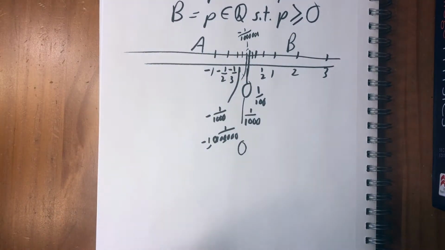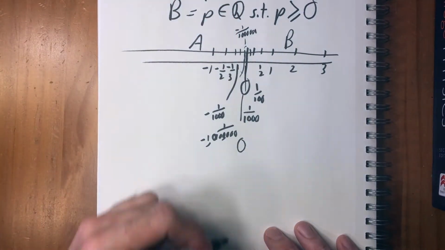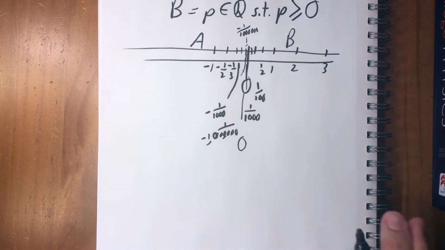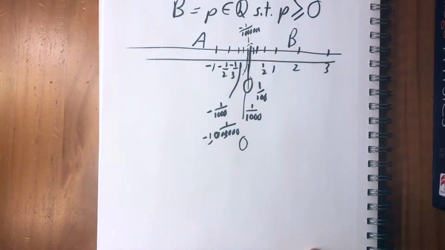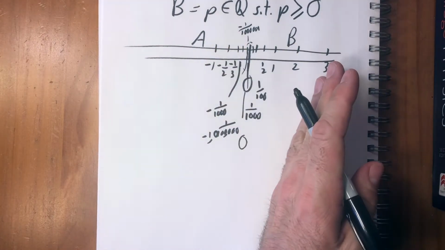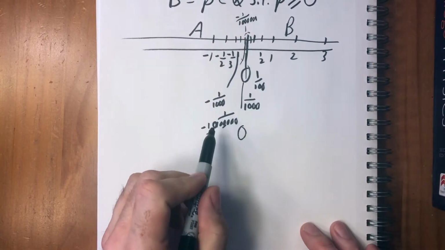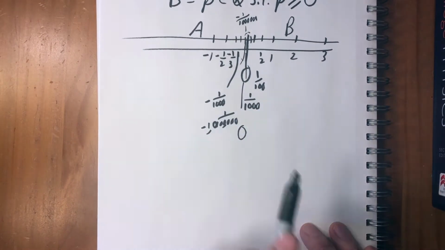There is actually a largest lower bound, because if I give you 0, you cannot find a number bigger than 0 that is still a lower bound of B. If you go even a tiny bit over, I'll be able to find something smaller than that but still inside B. So 0 is both the greatest lower bound of B and the smallest upper bound of A.